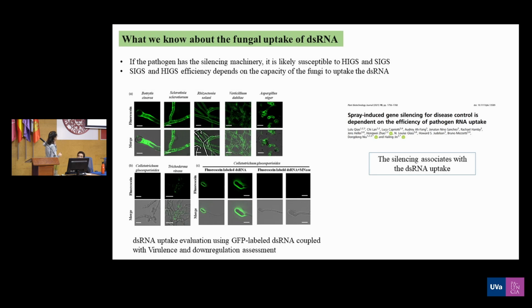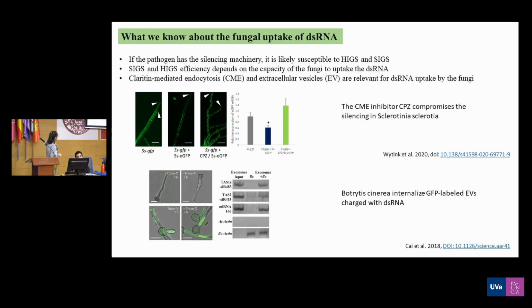When you have a pathogen that is susceptible to silencing machinery, the efficiency of the silencing depends on the fungal uptake. We also know that clathrin-mediated endocytosis and extracellular vesicles are involved in the uptake by the fungi.